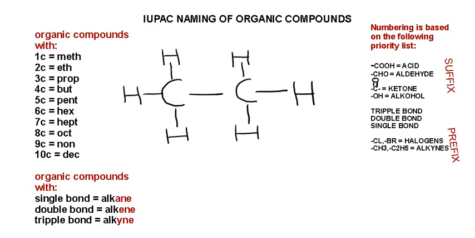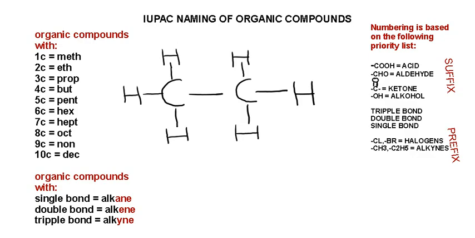Now, let us concentrate on the easy way to name organic compounds. Let us start with this simple example here. The first thing you need to note is you number the organic compound.